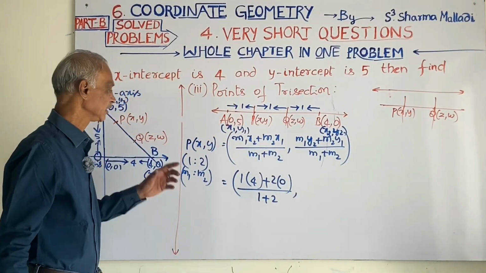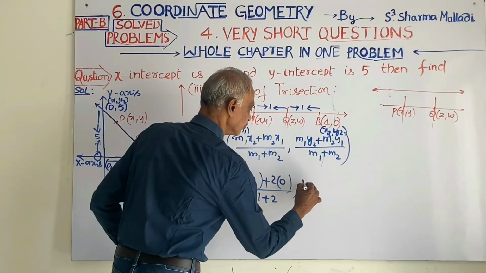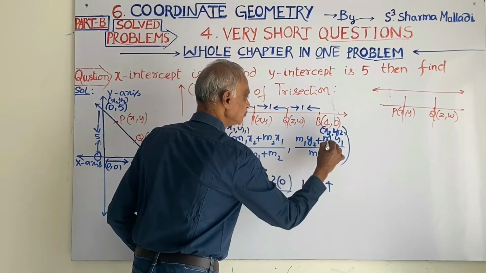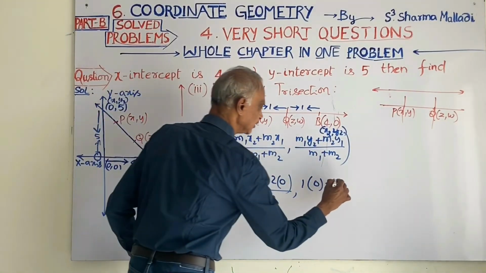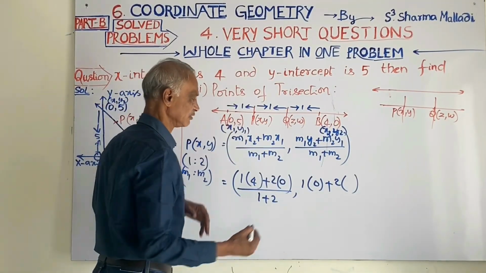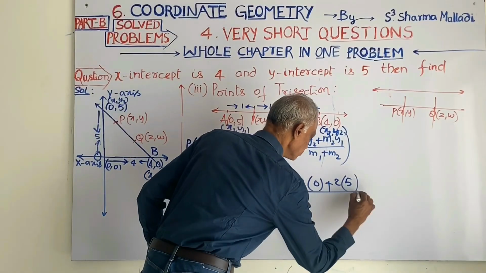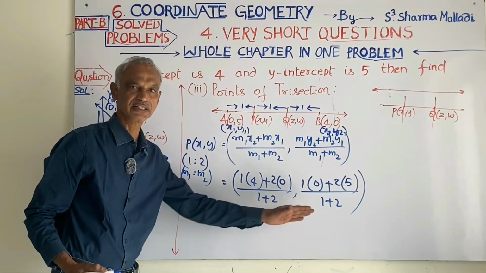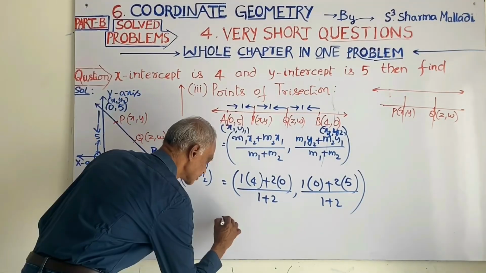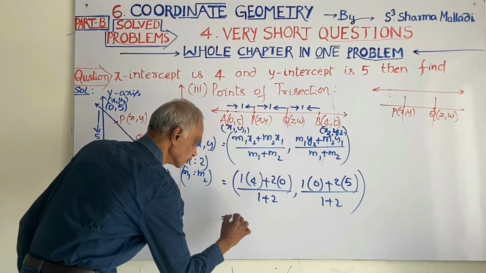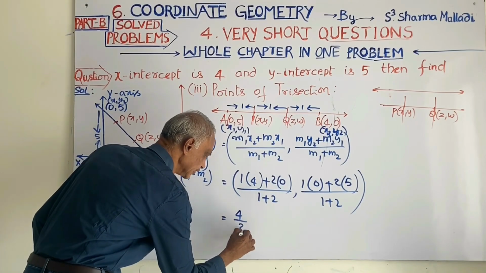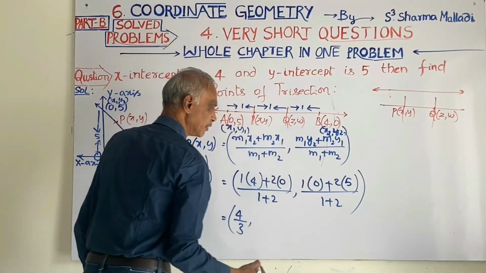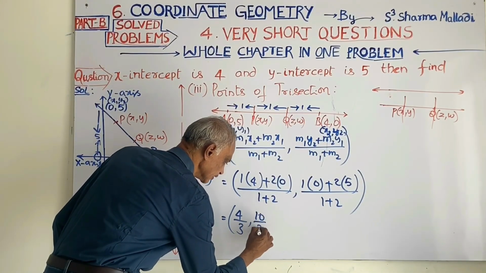Similarly, y coordinate: m1 means 1 into y2, y2 is 0, plus m2, 2 into y1, y1 will be 5, by m1 plus m2, that is 1 plus 2. This is x coordinate and this is y coordinate. Next, 4 plus 0, 4 by 3, comma, 0 plus 10 by 3, 10 by 3.